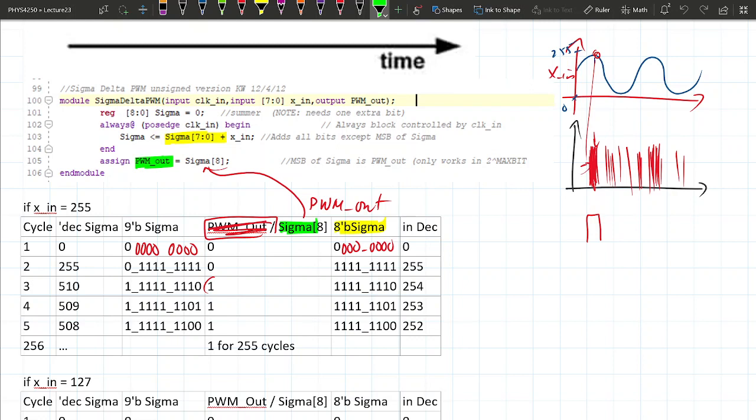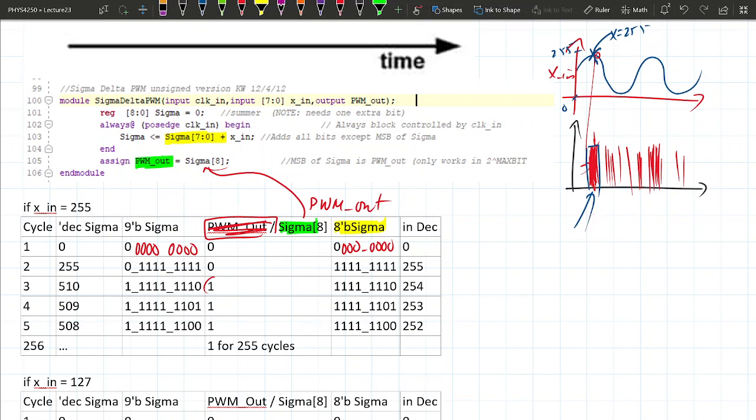In order for this to happen, the number of clock cycles within each sample has to be enough. Say we're sampling here, this x is one sample point, and let's say that x is equal to 255 here. The number of cycles has to represent at least the highest number.